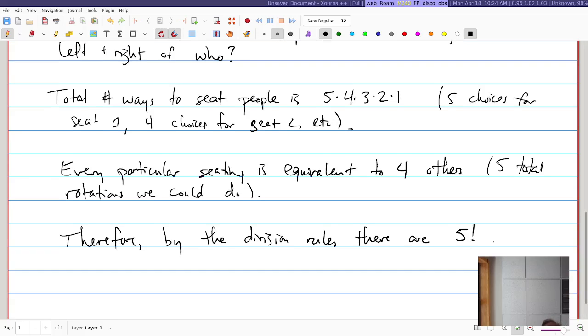That was the total, but I want to consider some of those the same, and they always come in groups of 5. 5 things are the same, so I divide by 5, which is 24. So it's 4 times 3 times 2 times 1. 24 unique ways to seat them.